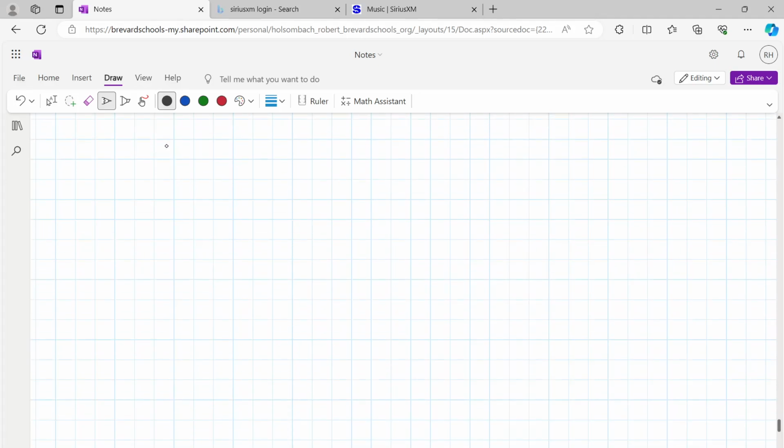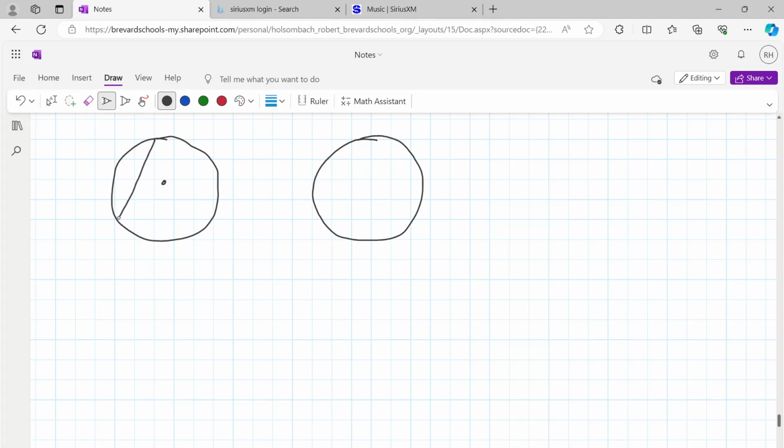So we've got two circles now. And in the first circle, we've got chord NM. And chord NM is 2x plus 1.